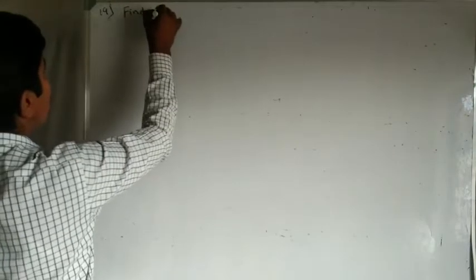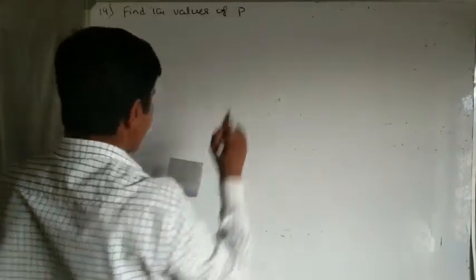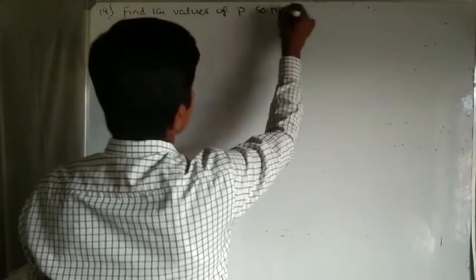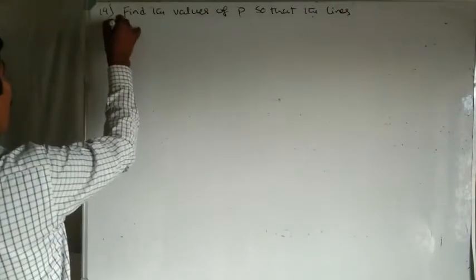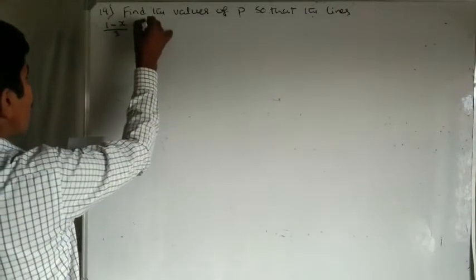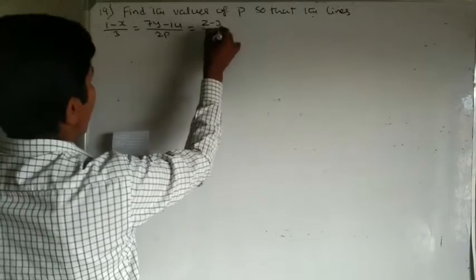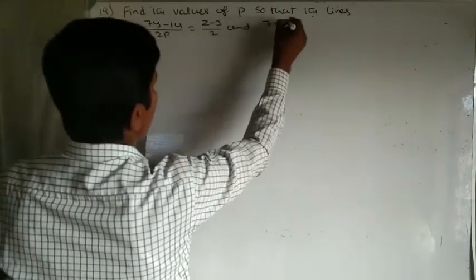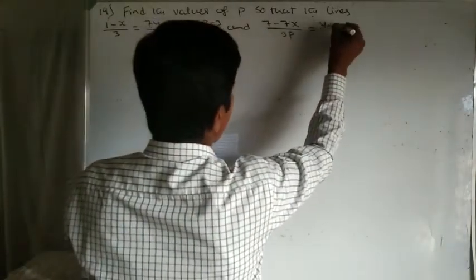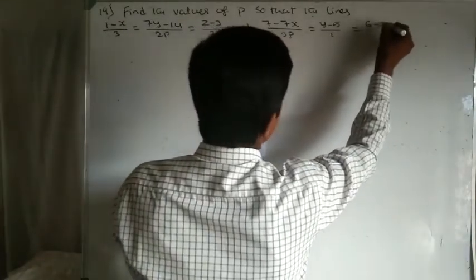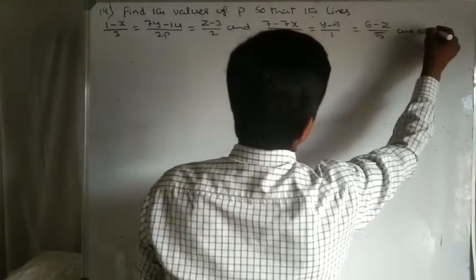Find the values of p so that the lines 1 minus x by 3 equal to 7y minus 14 by 2p equal to z minus 3 by 2, and 7 minus 7x divided by 3p equal to y minus 5 by 1 equal to 6 minus z by 5 are at right angles.